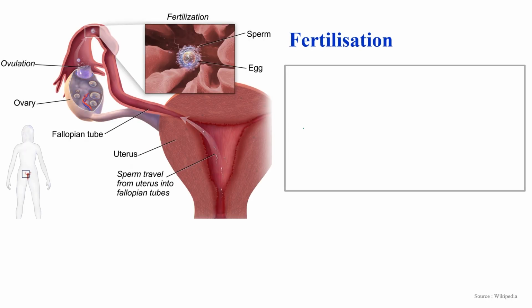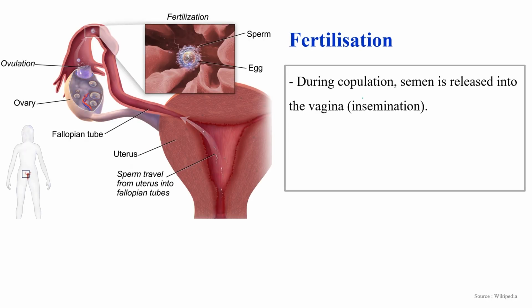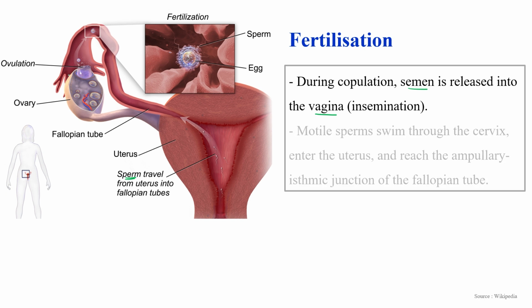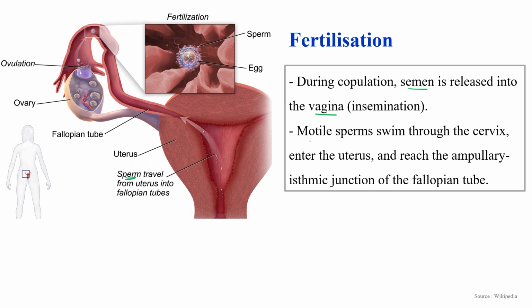Now fertilization. During copulation, semen is released into the vagina. As you can see, these are the small sperms. So sperm travel from the uterus into this oviduct or fallopian tube towards this side, the infundibulum side, towards the ovary side. Okay, so it depends upon the motility of the sperm.